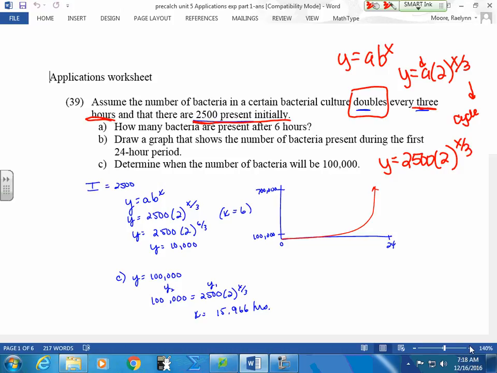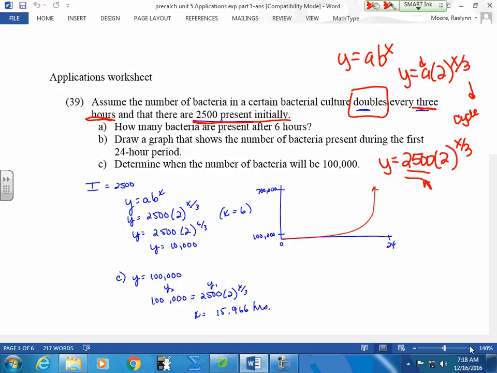Now, this is doubling. So when you set your window, you're going to start at the zeros because we don't have negative bacteria, we don't have negative time. But your X value probably, I'd start with 25. You're looking at hours. This is going to go pretty quickly because it's doubling with a lot to begin with.